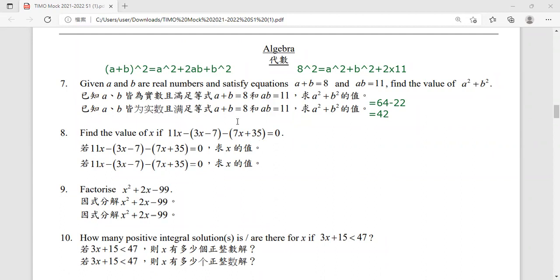Please bear in mind that a minus b, the whole thing squared.